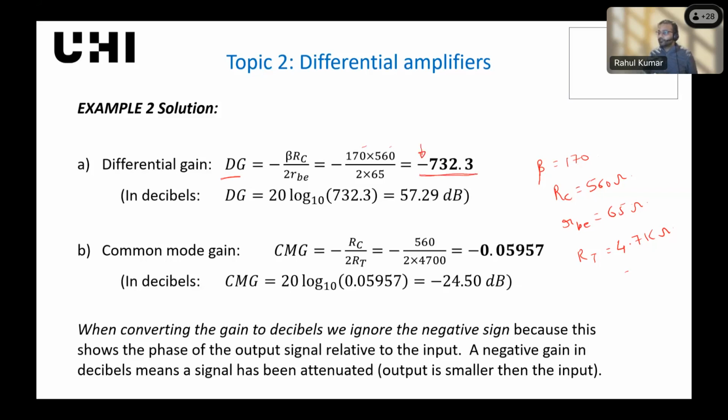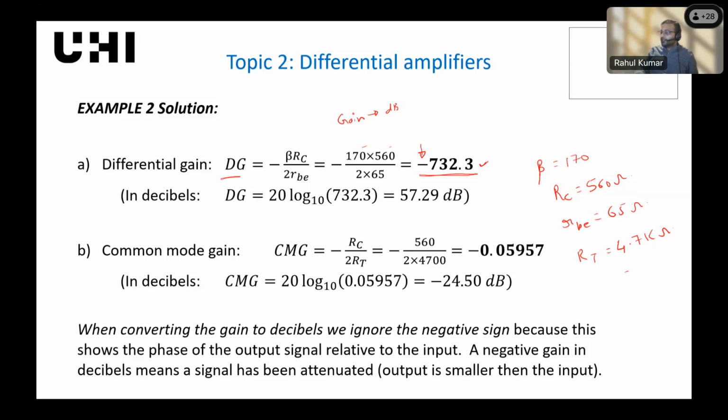Okay, so this is just a number. You have calculated differential gain, but it will be just a number. And gain is usually represented in dB, decibels. So we will have to convert this number into decibels.